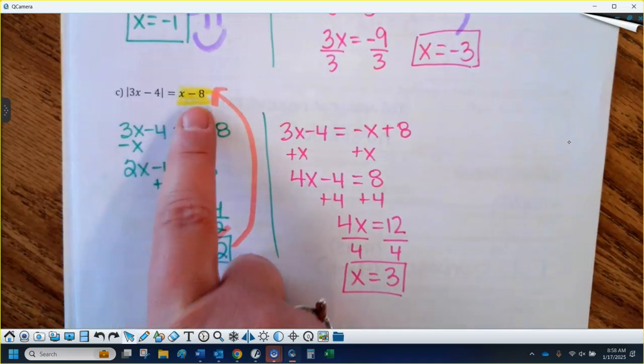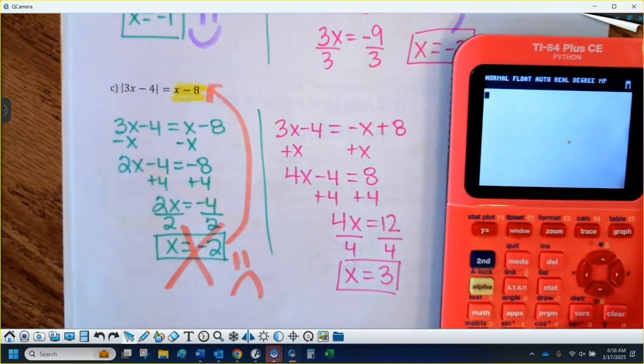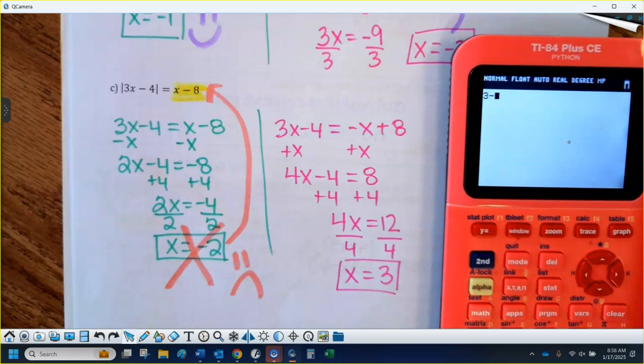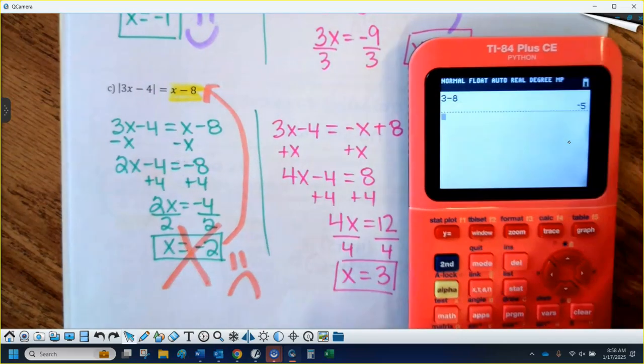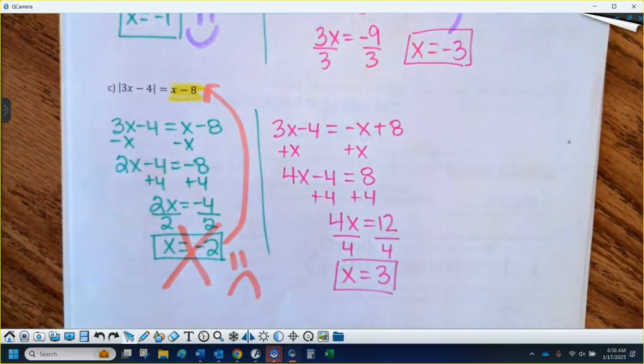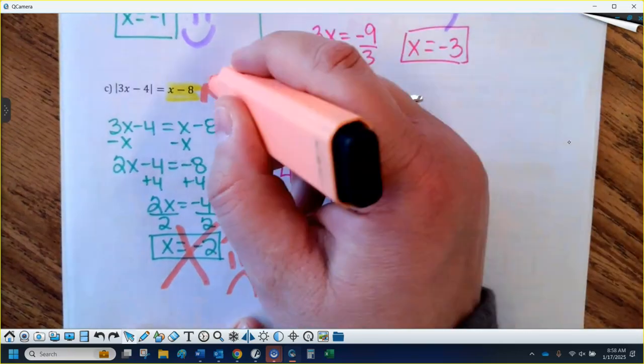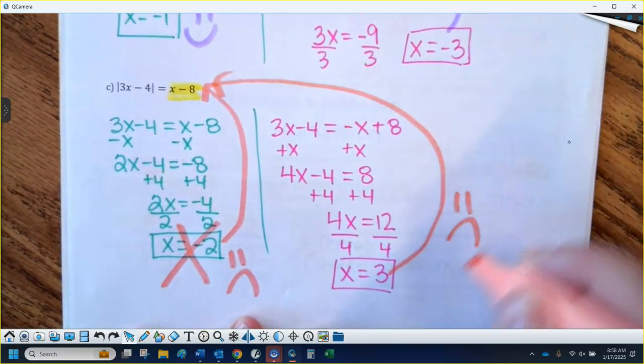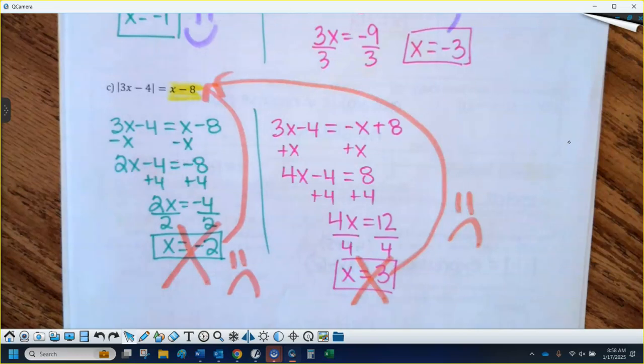I want to plug it into that expression. If I plug in 3 minus 8 on the right side of that equation, if that's negative, that's no good. And that's negative 5. Absolute value cannot be equal to a negative number. So when I plug that into that expression, that gave me a negative answer. And so that's actually an extraneous solution as well.